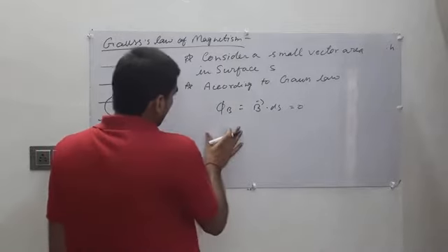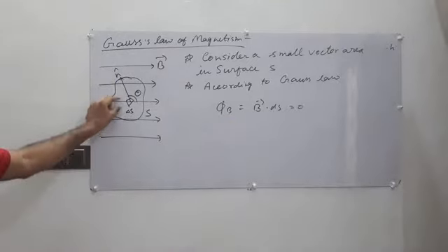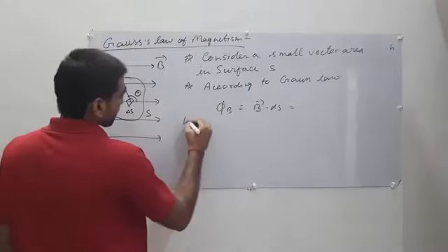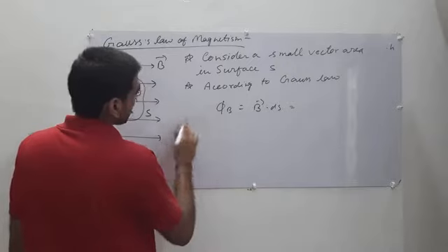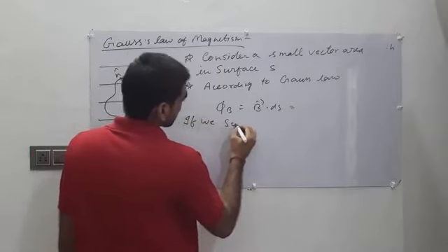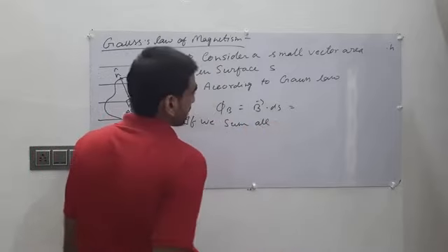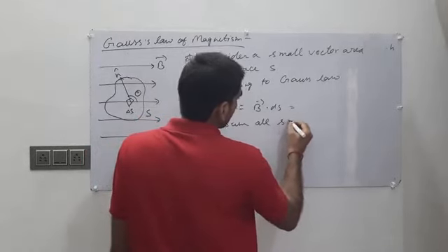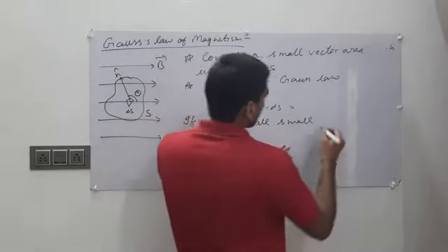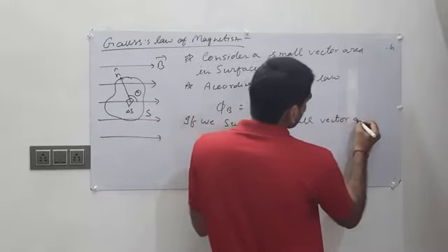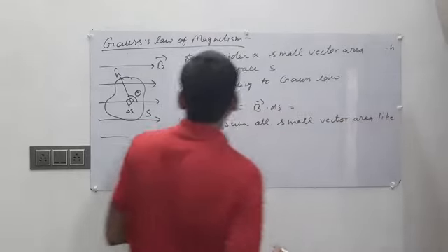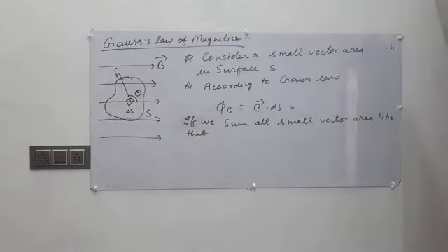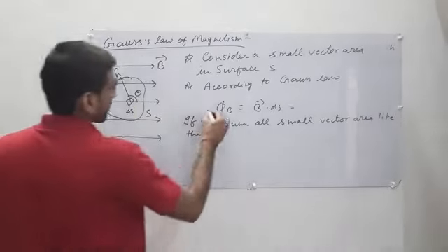If we sum all these small vector areas, then our phi b becomes the sum of delta phi b.